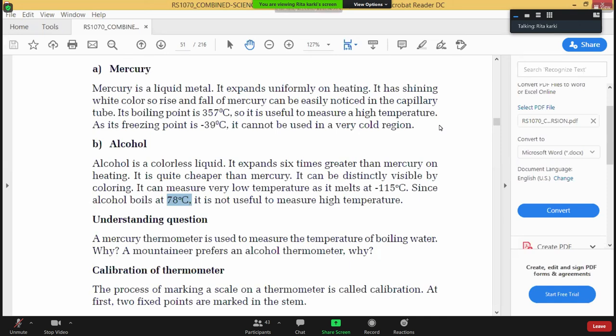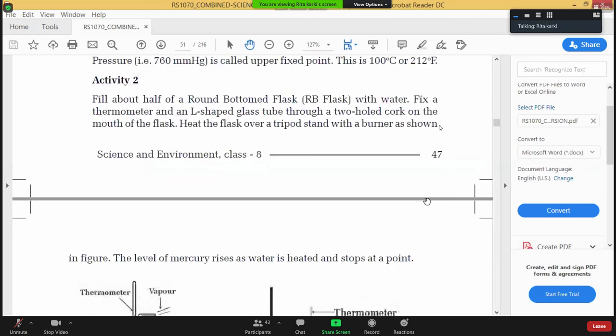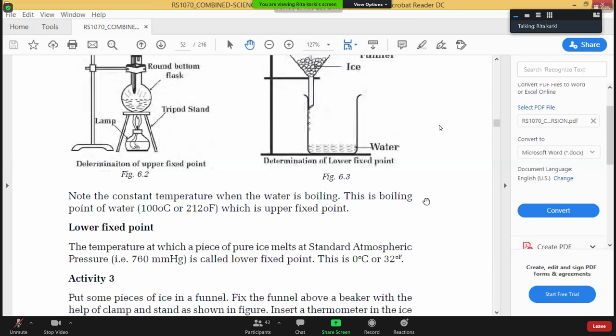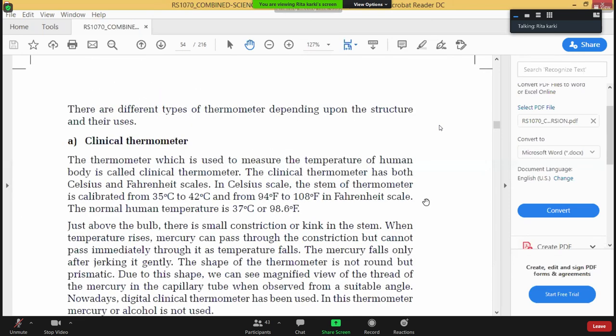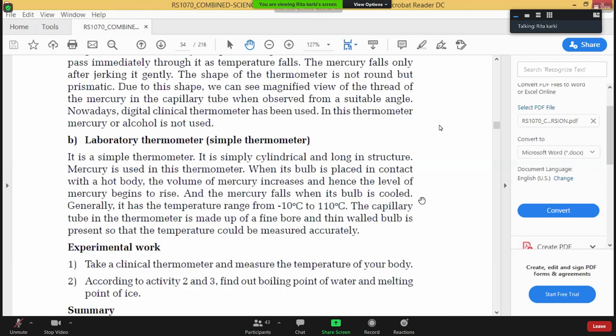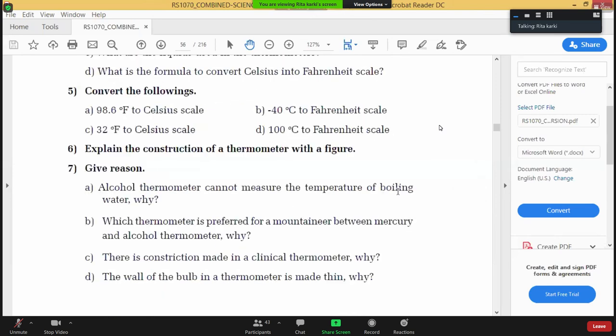Because of this it cannot rise in the capillary tube of the thermometer smoothly, so we cannot measure the temperature of boiling water with an alcohol thermometer, as its boiling temperature is lower than the boiling temperature of water. Clear?